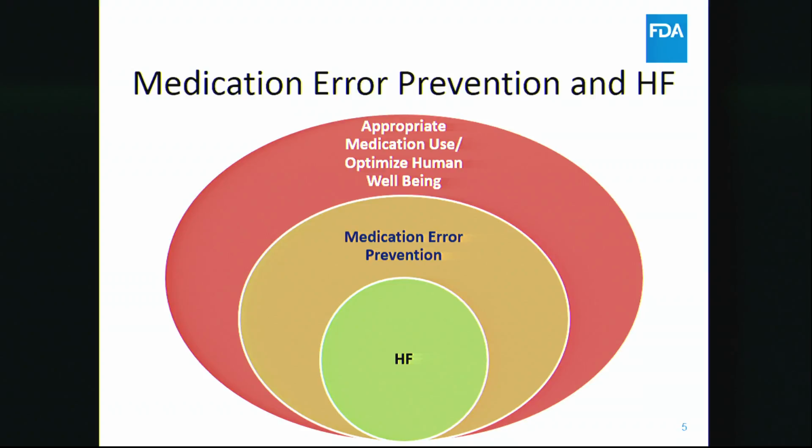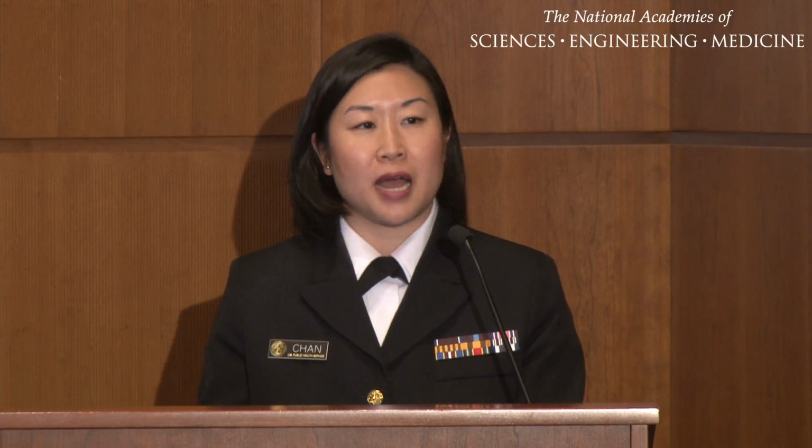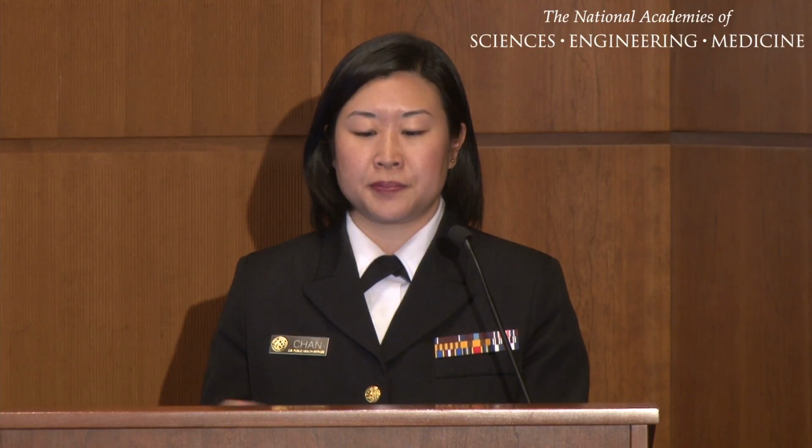When we think about putting those concepts together, medication error prevention as well as human factors, what we see is they're really interconnected. Because if we want to prevent medication errors, we have to be critically looking at the human factors, and ultimately with the combined goal of ensuring that there's appropriate medication use and that we are optimizing human well-being.